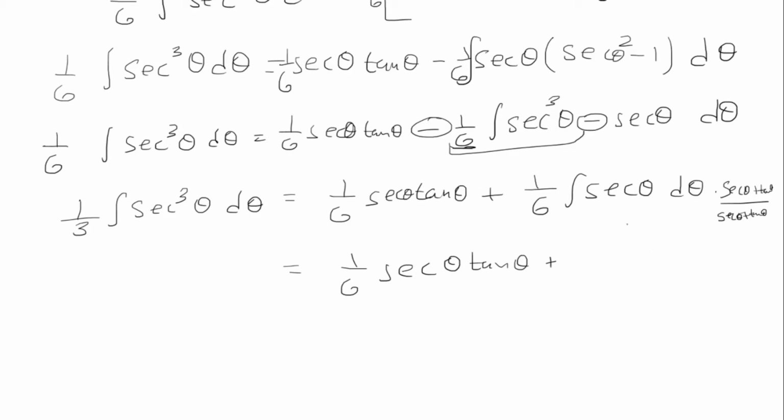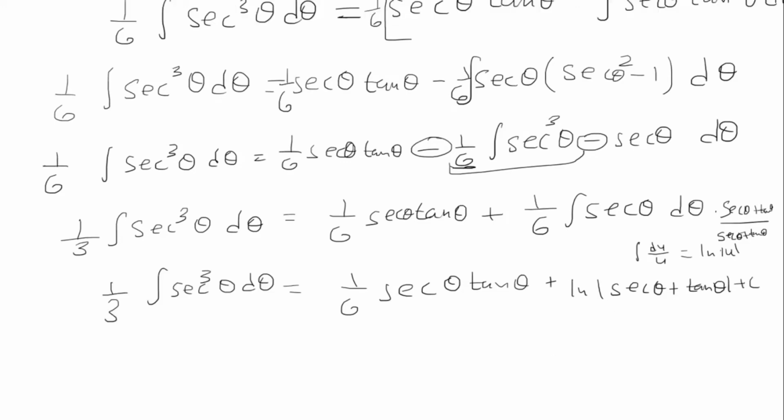And so you'll basically end up with du over u, which is ln of u. Okay, and then u is just secant plus tangent. So I briefly mentioned how to do it. I don't want to go through all the details. Now I did forget to put the 1/6 over here. Okay, so don't forget to include your factors.